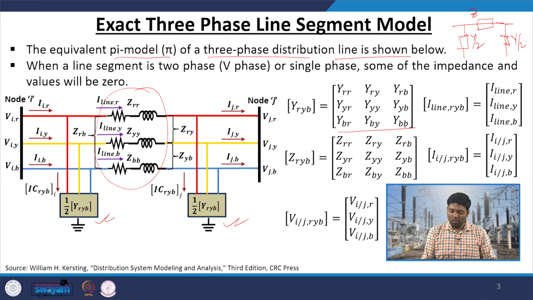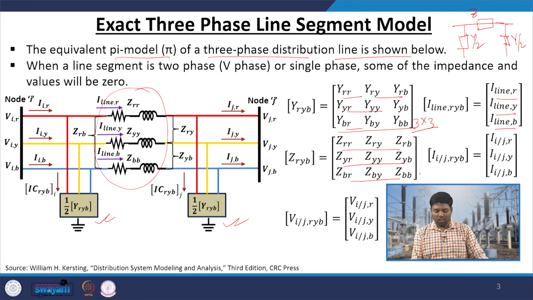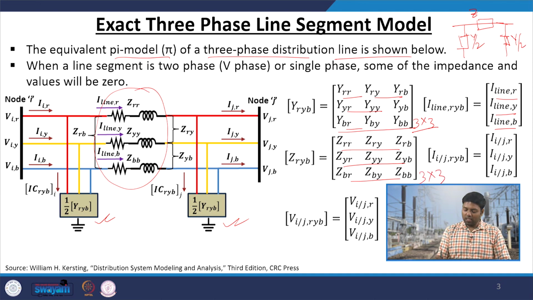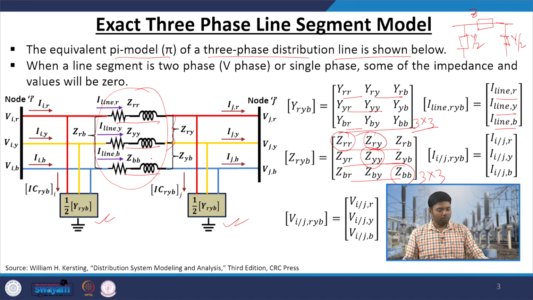So, this is your Y bus matrix, where it is a 3 cross 3 for one branch between I and J. This is your shunt admittance, this is your 3 phase line current I line R Y B, and this is your line impedance, also a 3 cross 3 matrix which represents Z R R. The diagonal elements are the self elements and the off diagonal elements are the mutual impedances.